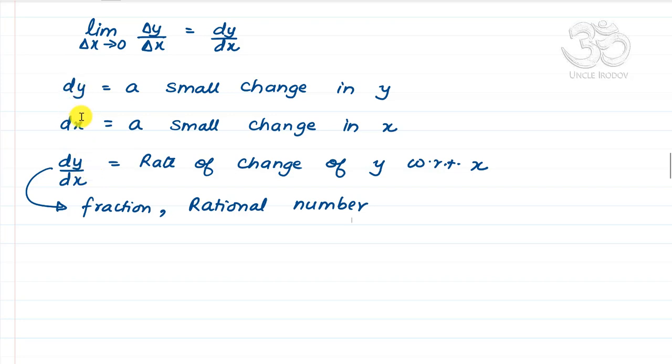And dy and dx will be as small as they can be. So maybe x can be around 10 to the power minus 18 or minus 30 or something. Y can also be that small. So one question that enters into the mind is, if I take dx so small and dy so small, will the fraction dy by dx have a physical meaning?